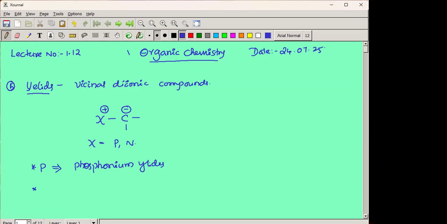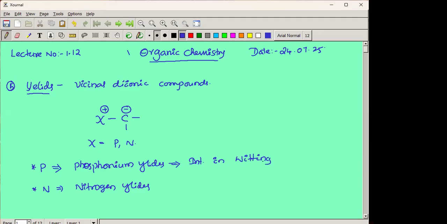If it is nitrogen, those are considered nitrogen ylides. The phosphonium ylides are used as intermediates in the Wittig reaction, well known to us.